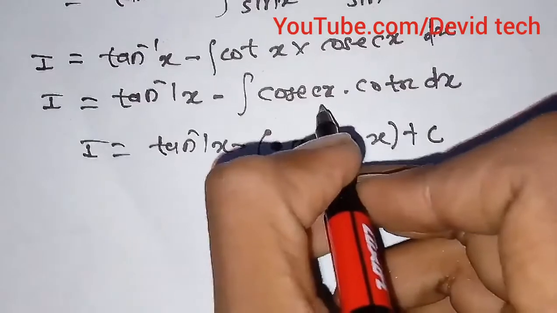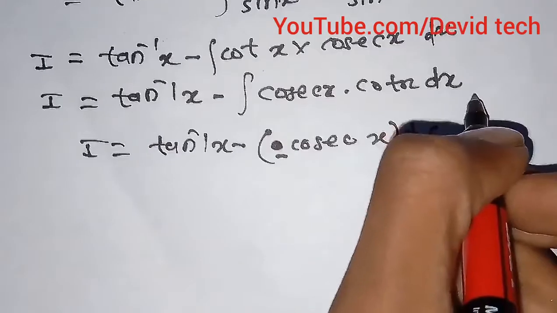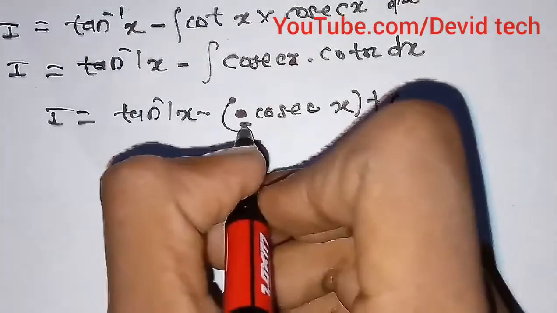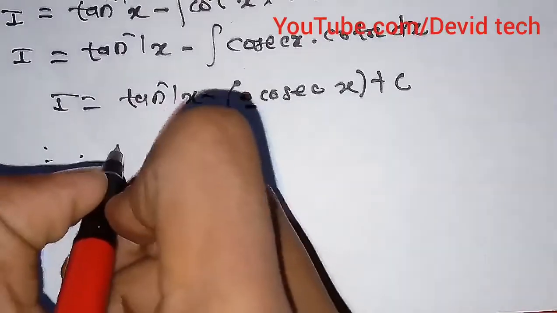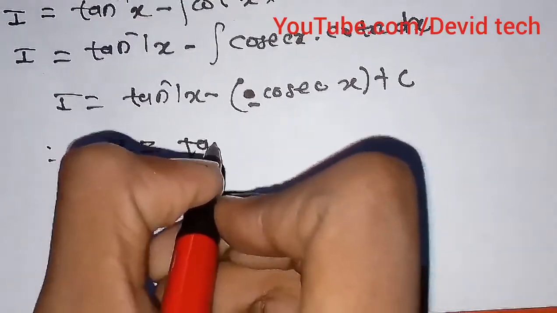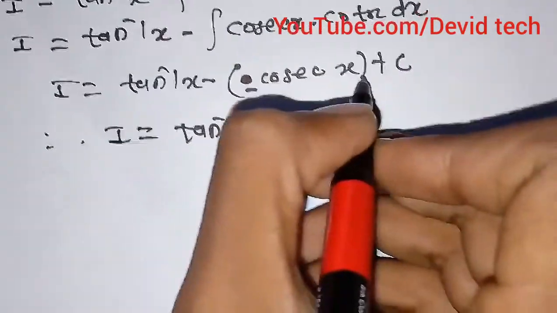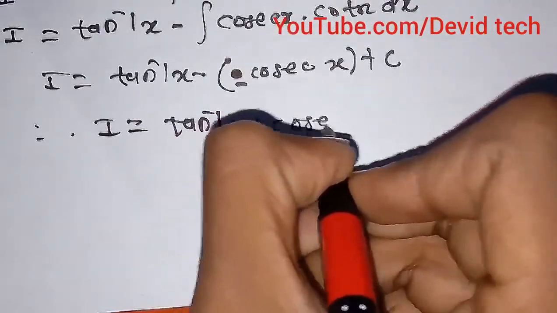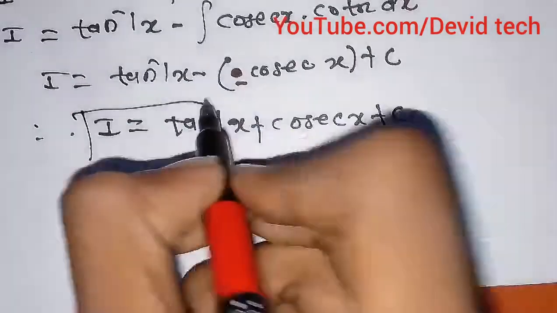By using the formula, cosec x into cot x dx is equal to minus cosec x. Therefore final answer, I am writing here tan inverse x, minus into minus plus, you should have to know, cosec x plus c. This is our final answer on simple integration.